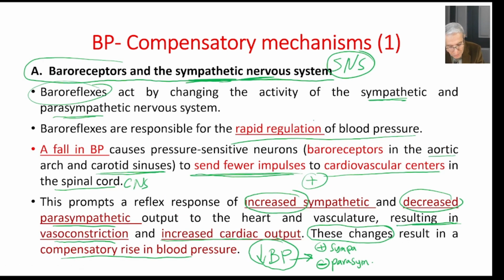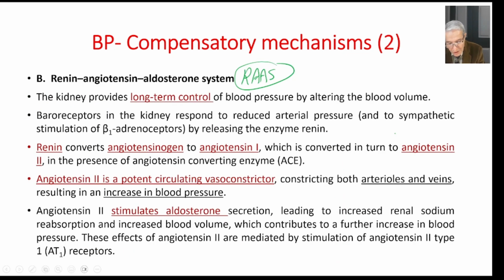So the one responsible for rapid regulation of blood pressure is the baroreflex, the sympathetic nervous system. Moving to the renin angiotensin system, here we are talking about the kidney. This one is responsible for long-term control of blood pressure.